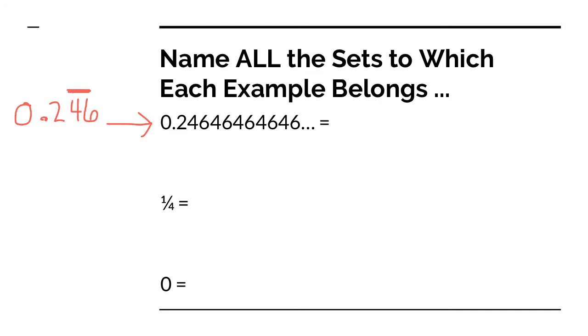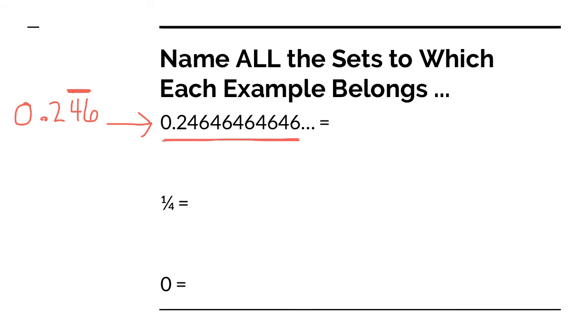So we're going to start with our vocabulary list. We're going to work our way through all of them, and if this fits into the set, we're going to write it down. So this is not a natural number because it's not a counting number. It's also not a whole number because it's not a counting number or 0.